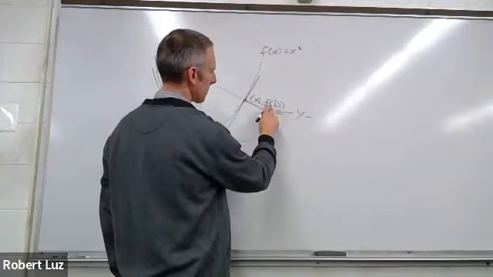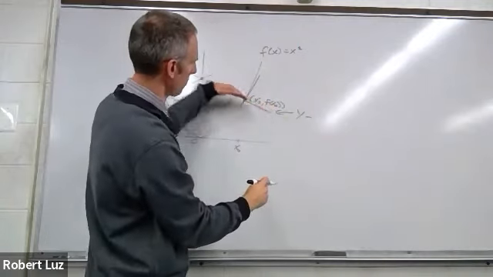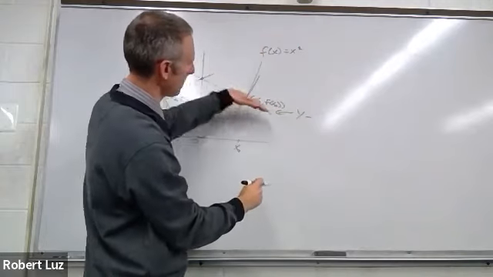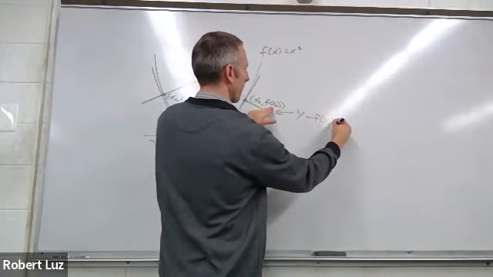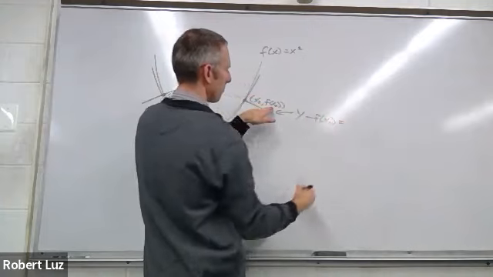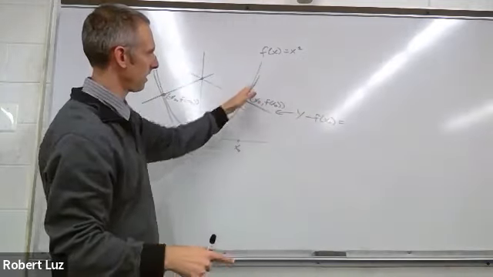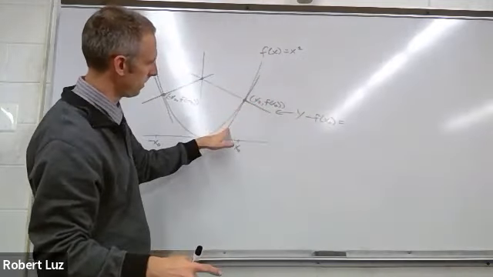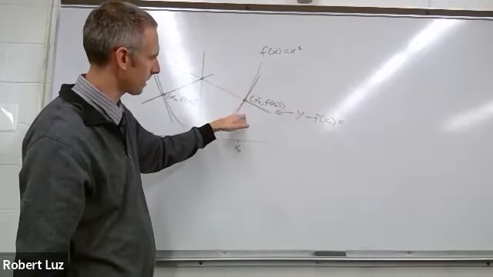So y minus the y coordinate of the point. The y coordinate of the point that this line passes through is right here. It's equal to the slope. The slope is the negative reciprocal of the tangent line's slope, and the slope of the tangent line is f prime of x0.